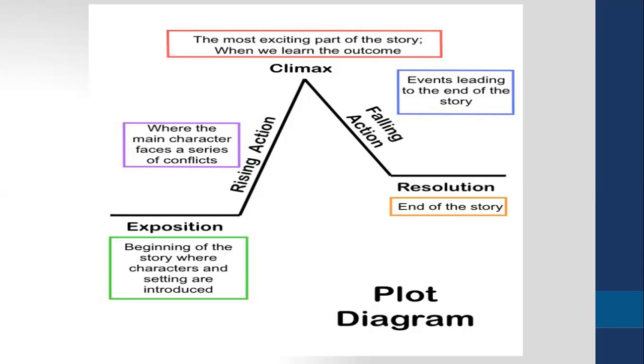You first introduce the characters, then certain events happen with the characters, they face a series of actions, and then there is the highest point in the story, which is called the climax. After the climax, things start to resolve, which is called falling action. And then the end of the story is called the resolution, where all the problems that you showed in the story are now resolved.